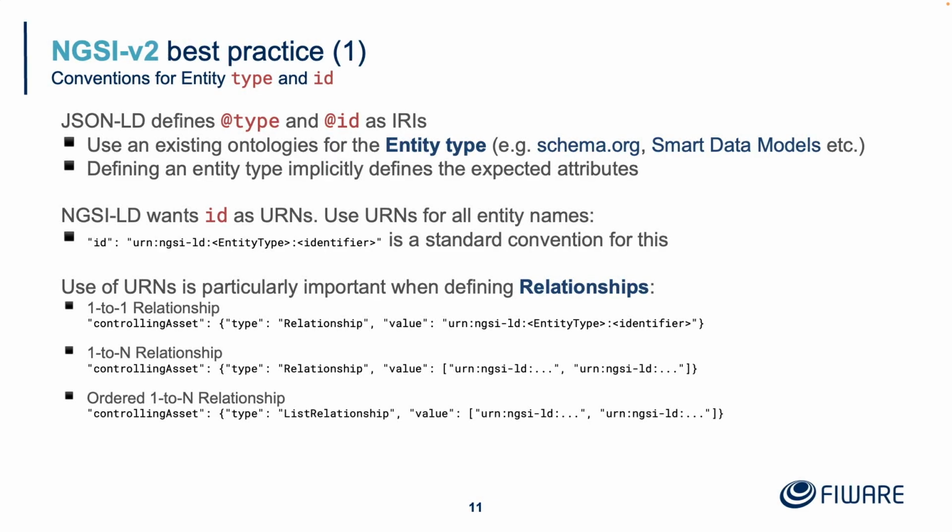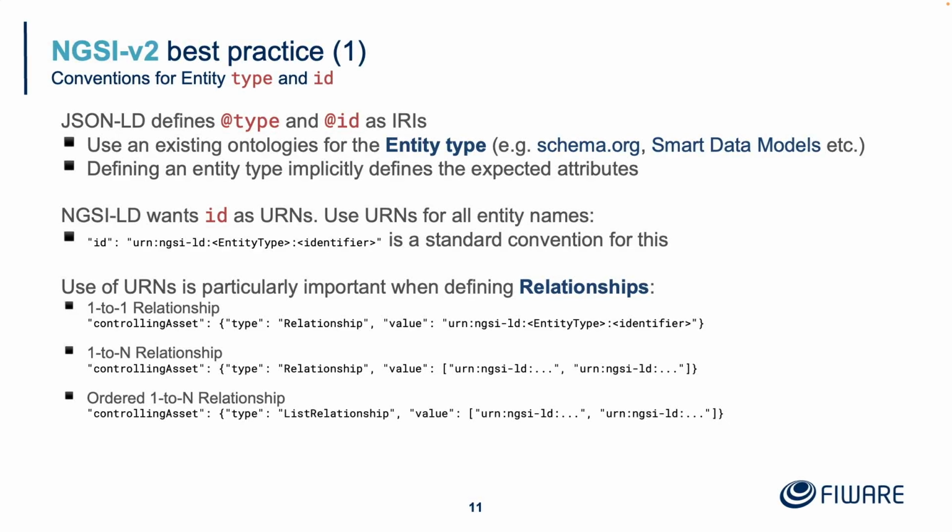So the best practice here is to make sure that when you are defining your data types and your data models, they should align with what's potentially happening with your partners in your data space. A classic example of this is that NGSI-LD wants URNs for its IDs, and it's always been the case that you should use URNs for your IDs, and there's a convention for this.